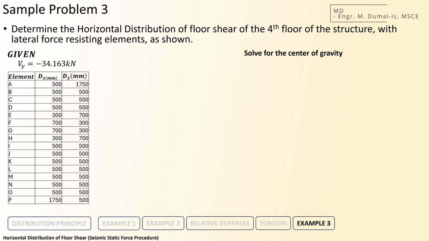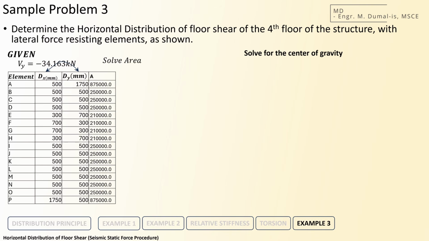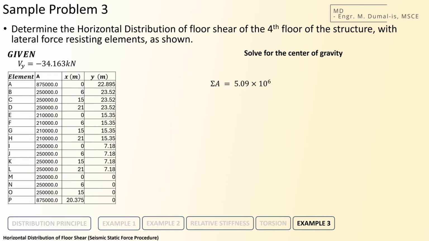Now, let's locate the center of gravity, CG, the point where the building's mass effectively concentrates during seismic shaking. To do this, we start by defining the cross-sectional area, A, of each structural element. Next, we sum all individual areas to find the total area of the system. With this total, we calculate weighted coordinates.